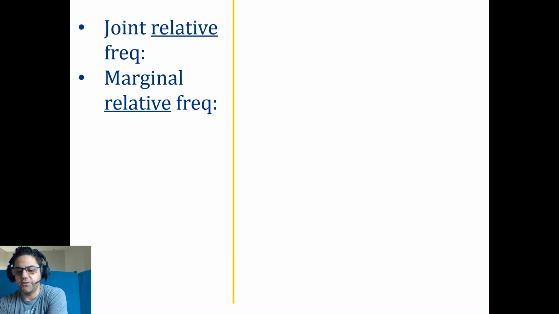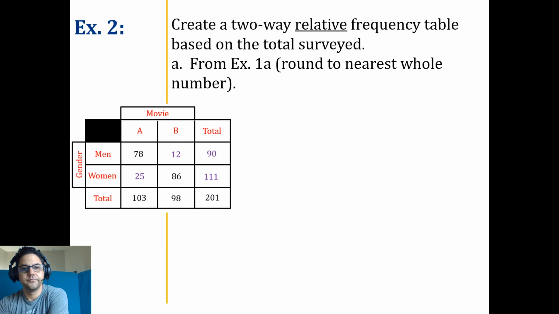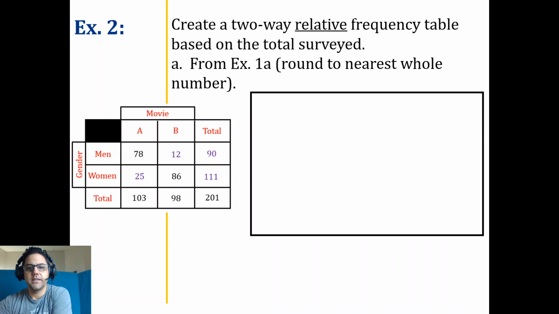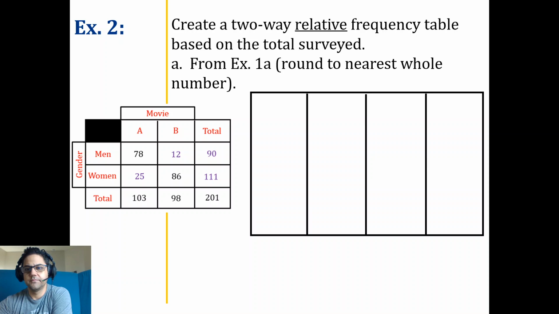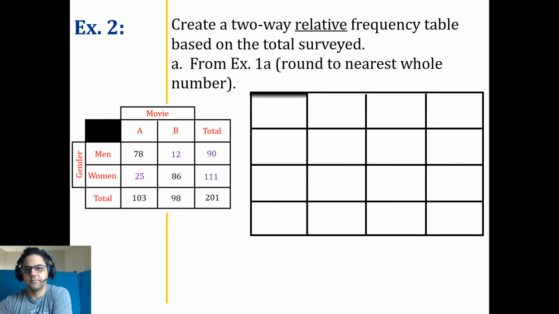But here we're just going to use percentages. So our two-way relative frequency is going to look like this. Still the same categories.